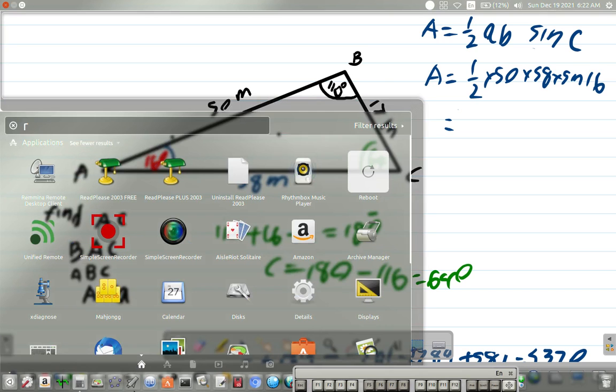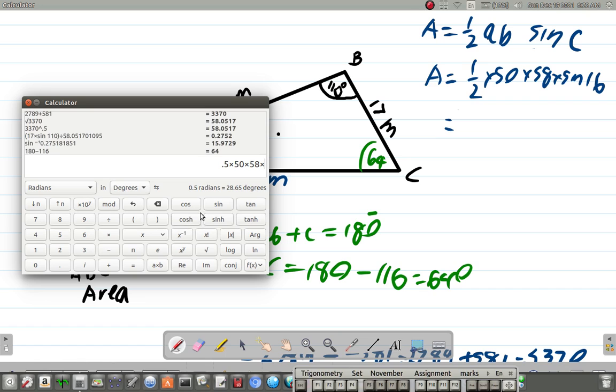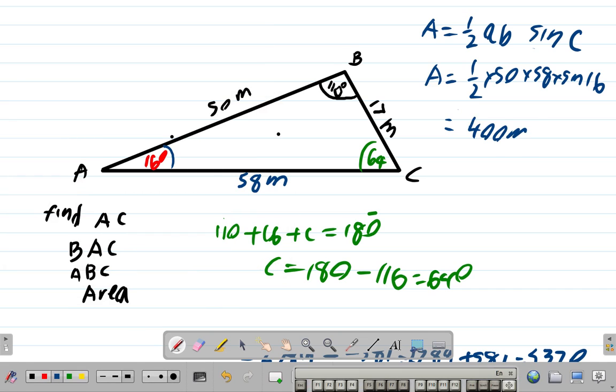With our calculator, 0.5 times 50 times 58 times sine 16 equals 399. Let's call it 400 square meters.